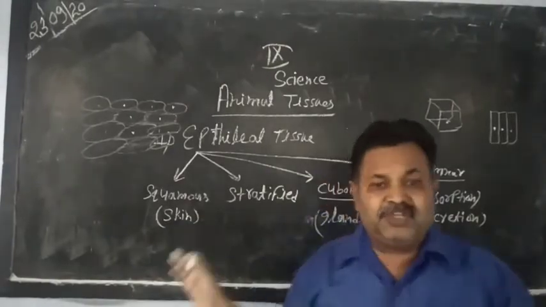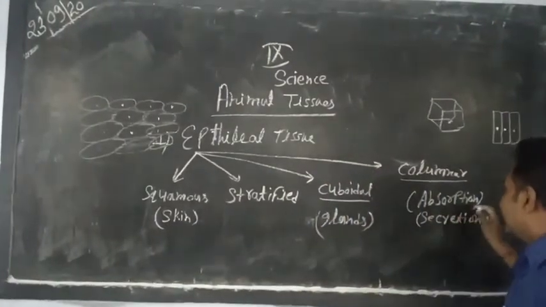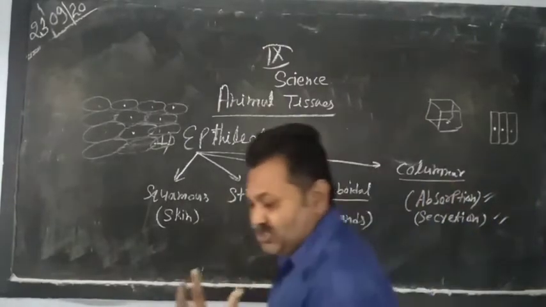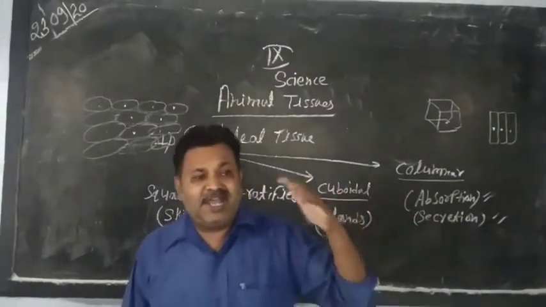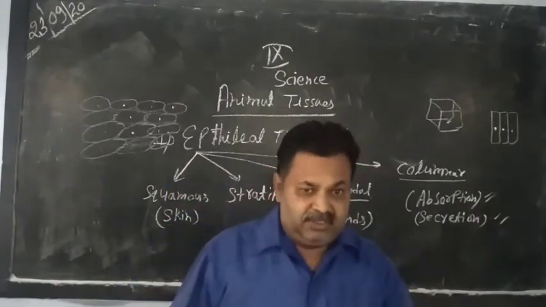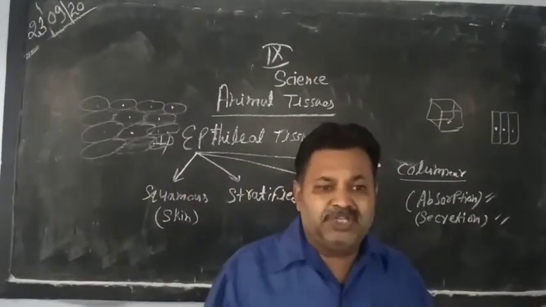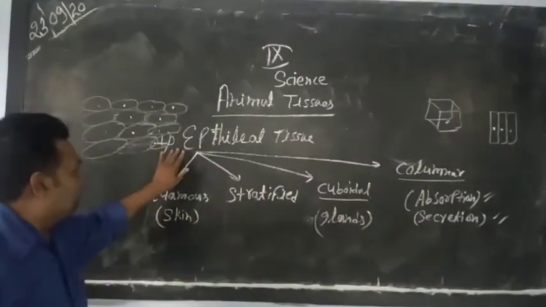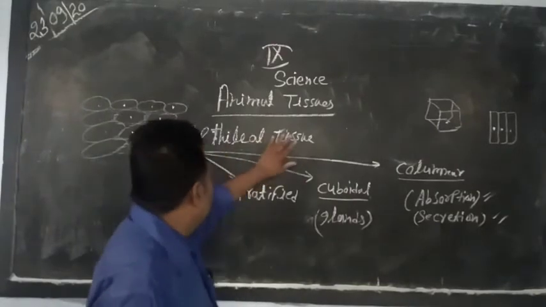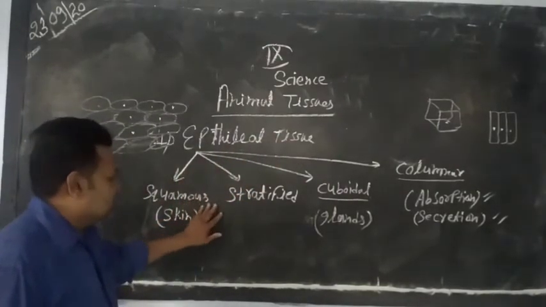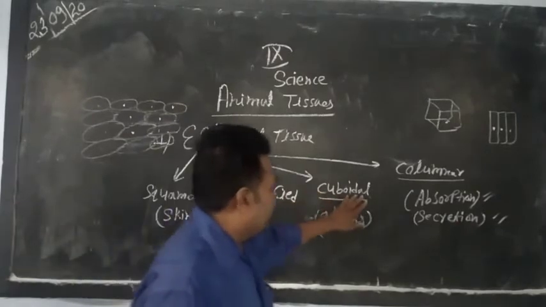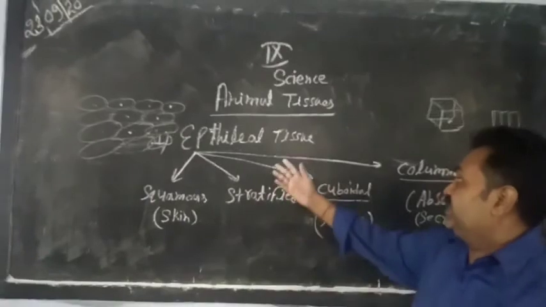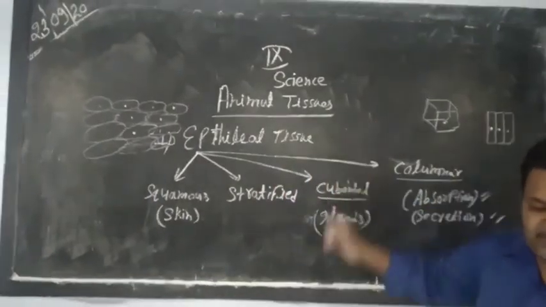They absorb material from the environment and secrete the unwanted substances. So these are the first type of animal tissue, epithelial tissue. Following types: squamous, stratified, cuboidal and columnar. So the first topic, epithelial tissue, is over here.